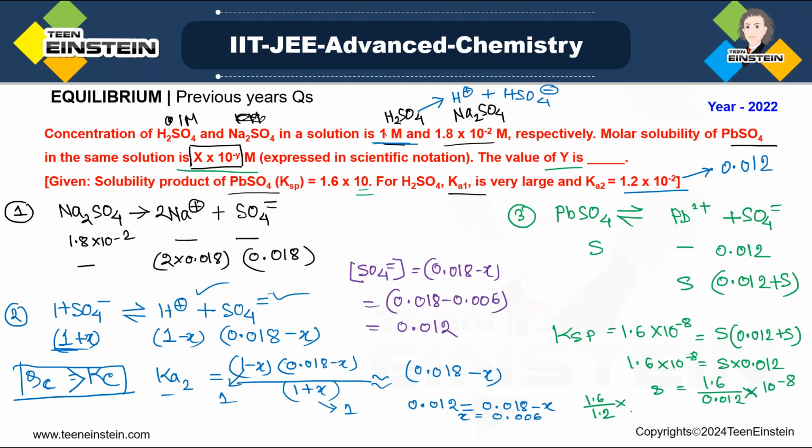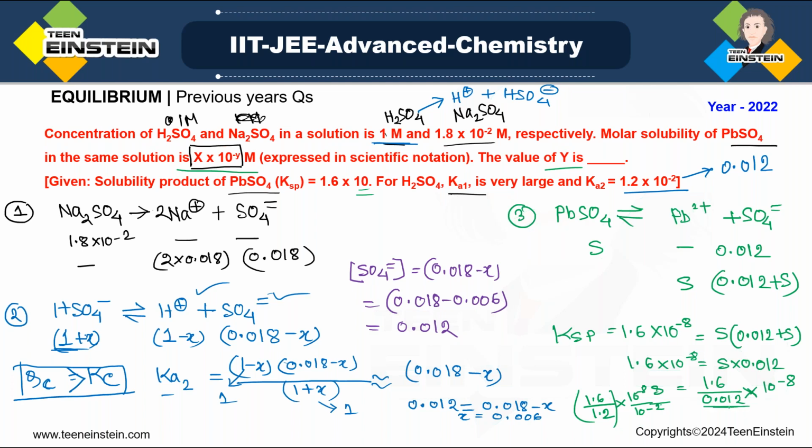Then it will be 10 to the power minus 8, but this will be 10 to the power minus 2. Now this part you can consider as x. So 1.6 by 1.2 will be something like 1 point something. So in scientific notation we can express it like this.